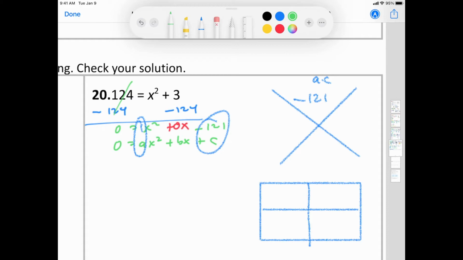B value is 0. My two numbers are going to be 11 and negative 11. So this splits this one, so that'll be 11x and negative 11x.